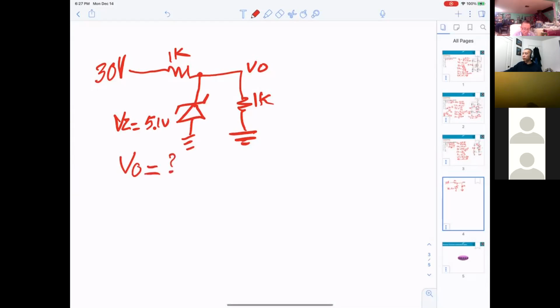First of all, the Zener is in breakdown. Vout is 5.1 volts, because the Zener is in breakdown. The cathode is positive with respect to the anode. That means any voltage here greater than 5.1 will be 5.1.